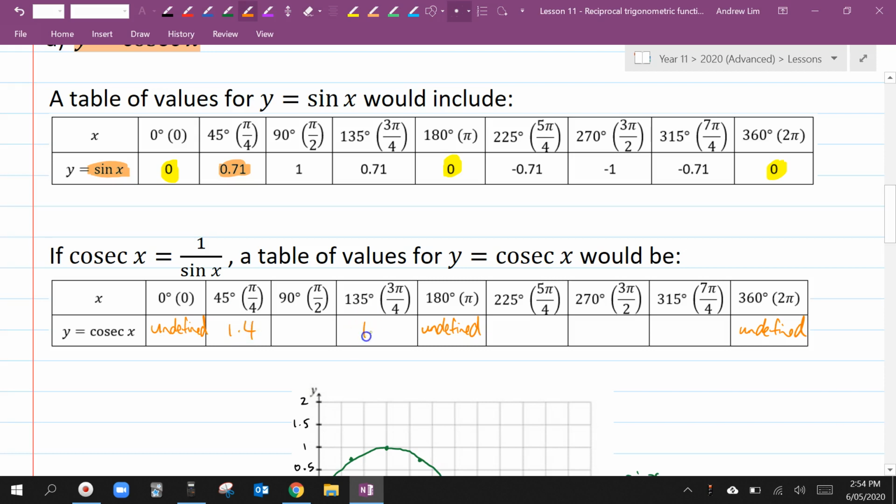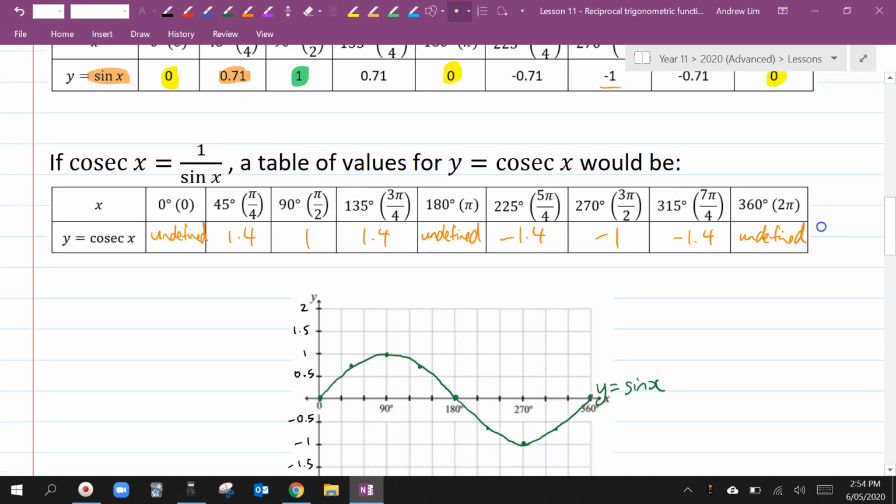So all of the ones that say 0.71 will be 1.4. This one will be negative 1.4. Okay. 1 divided by 1 is just 1. And therefore this one is negative 1.